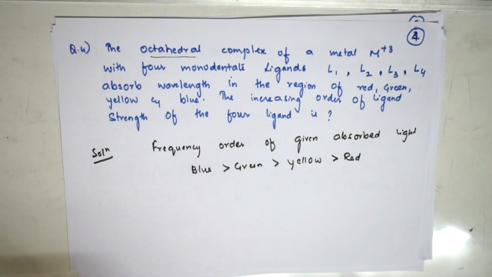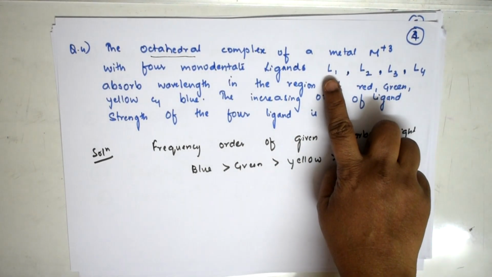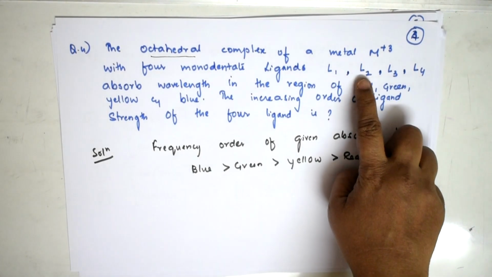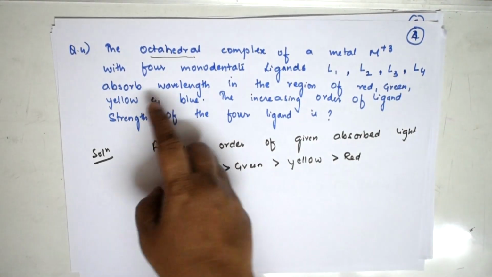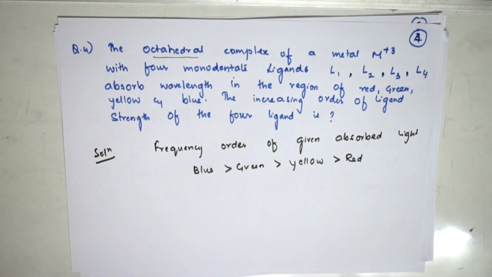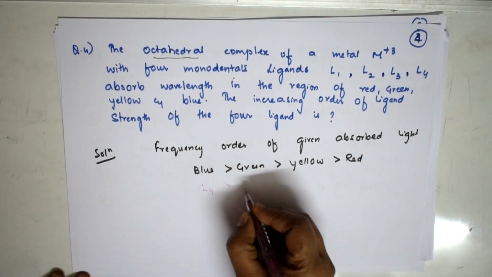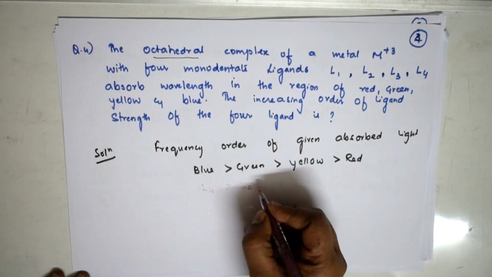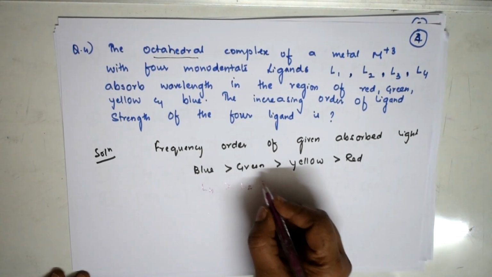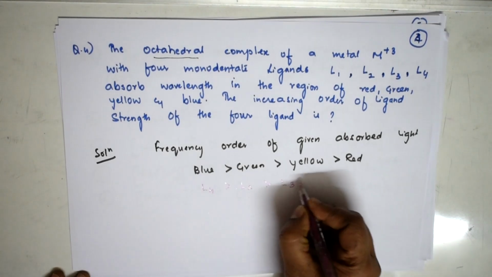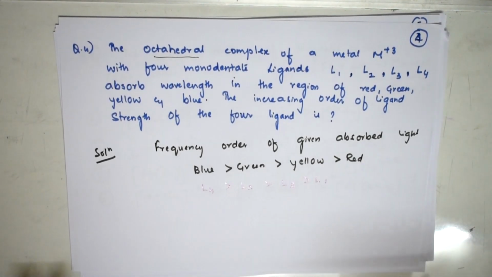Now here when I see the order, L1 absorbs red, L2 green, L3 yellow, L4 blue. Correct? Now can you write the order? I can, isn't it? L4 is greater than L2, because green is L2, greater than L3, greater than L1. That's fine.